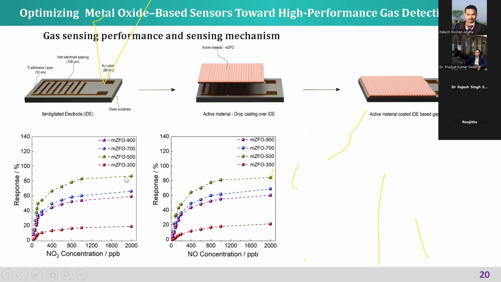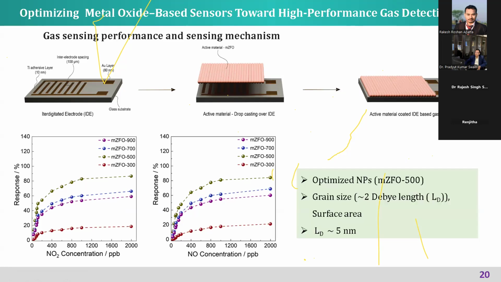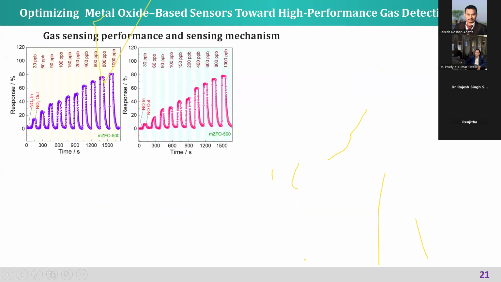We found that the sample calcined at 500 degrees has a much better response, so we use that sample for further study. What we do is take the sample and allow pulses of gases. These pulses are not microseconds or something like that; they are in minutes.